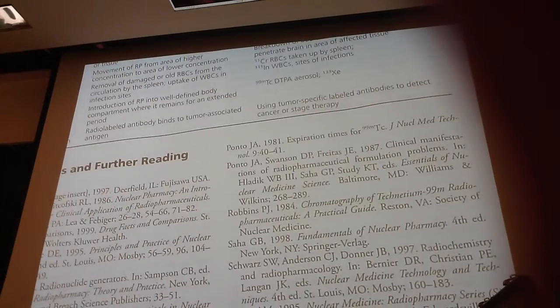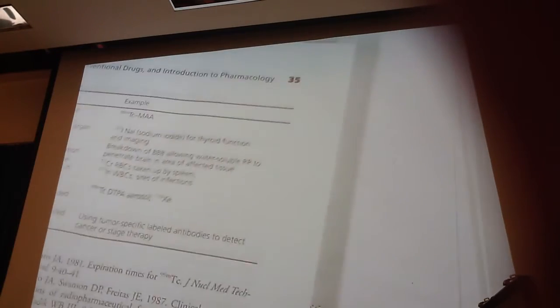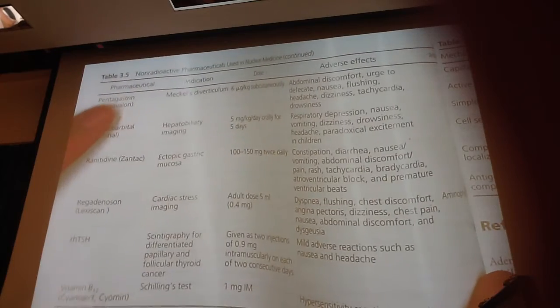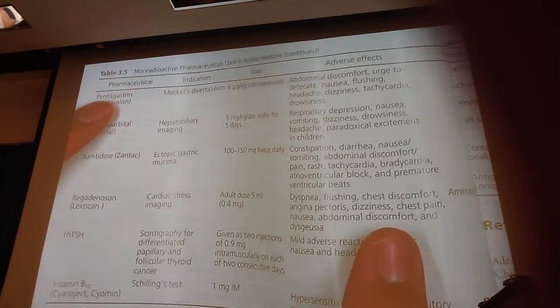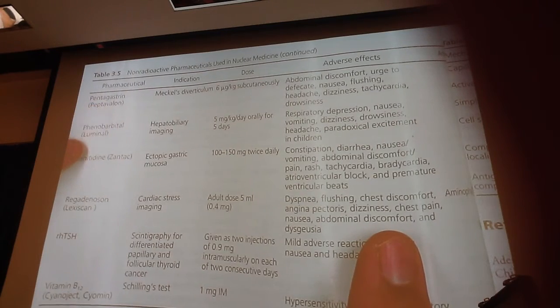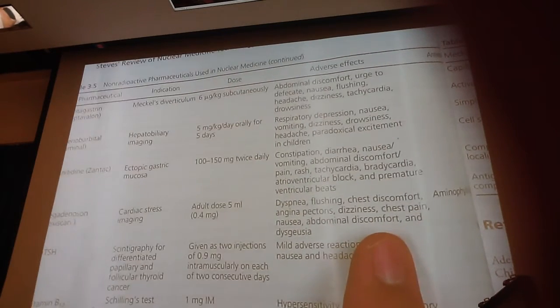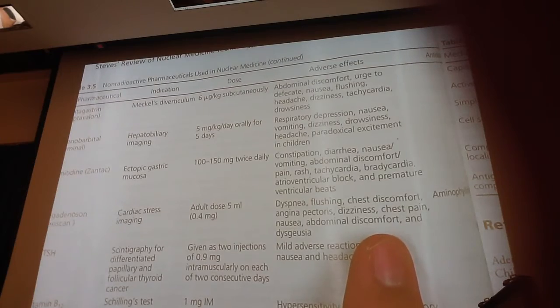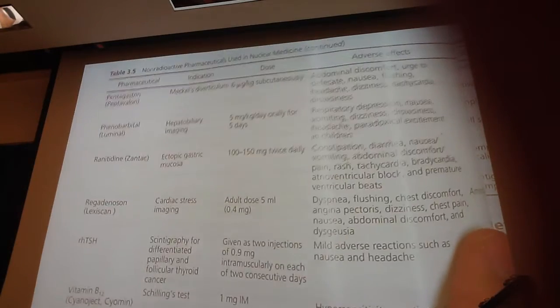This is on pages 33 and 34. You should be very, very familiar with these drugs. They're definitely on your board exams. Here's your pentagastrin. That's the one that causes it to produce more hydrochloric acid, makes it more active.